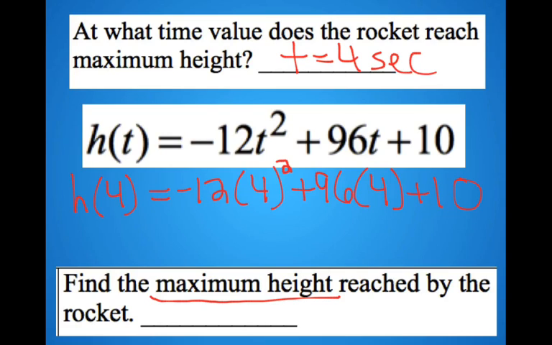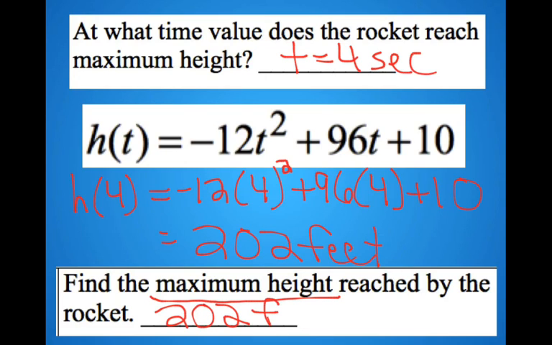Negative 12 times 16, because that's 4 squared, plus 96 times 4 plus 10. That's 202, and that is feet. So that's the maximum height.